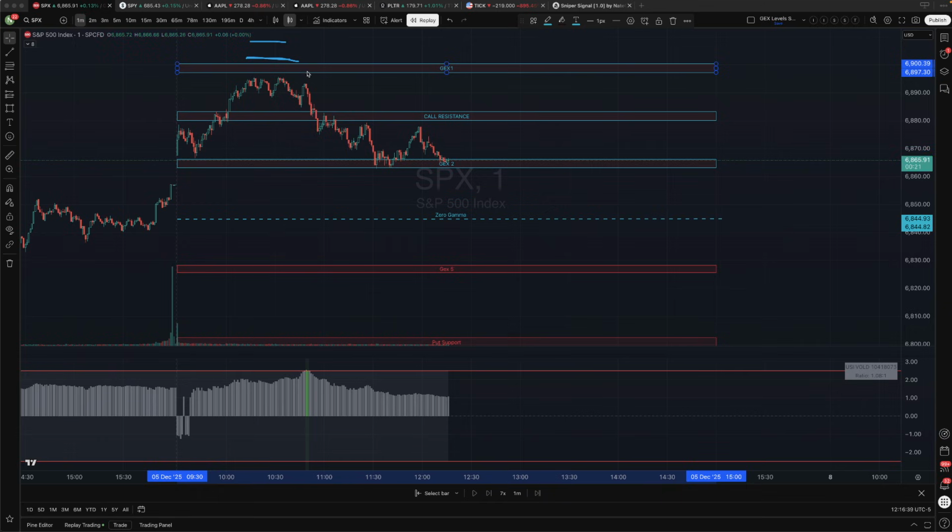And if price doesn't break that level and stays down here throughout the day, then you are in good shape, and you can take that off for profit or max profit, right? Especially if you're playing the SPX.